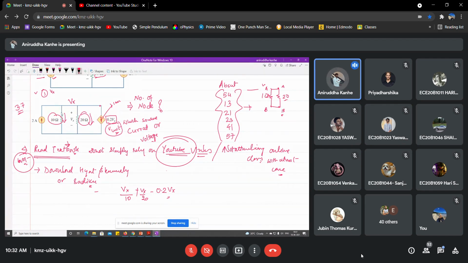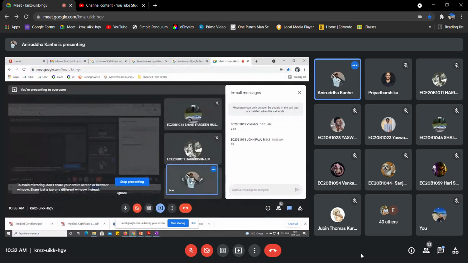So whosoever gave the answer is correct. Basically its ultimate unit is amperes only, so it's a current source only. And its direction is already given to you. It's outward, hence positive. And this is inward, hence negative, right? So this is equal to 0. Now you can easily solve and compute the Vx value.